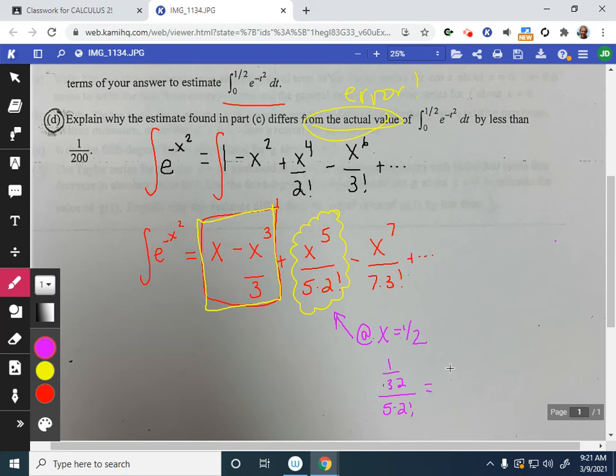That's going to become 1/320. Show that this error, this amount, is less than 1/200th. Yup, it is. Check. That's crazy, right? The error thing is nuts. So it looks like you have 2 points for that.